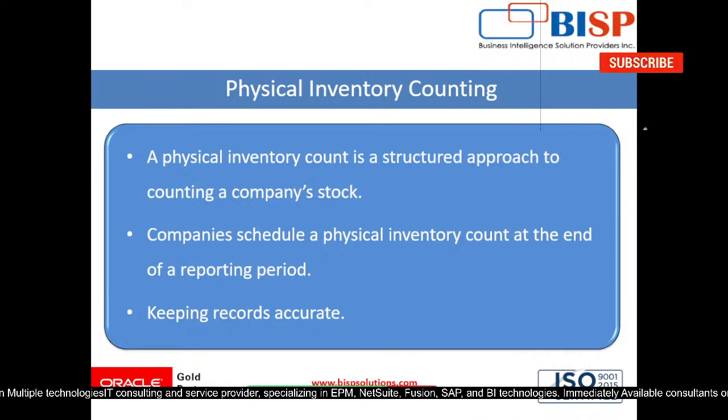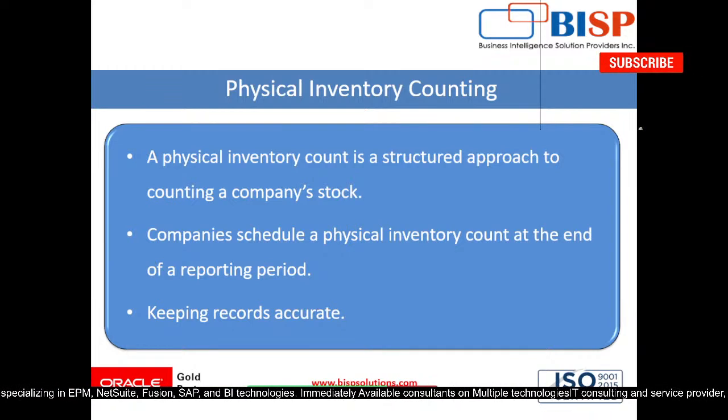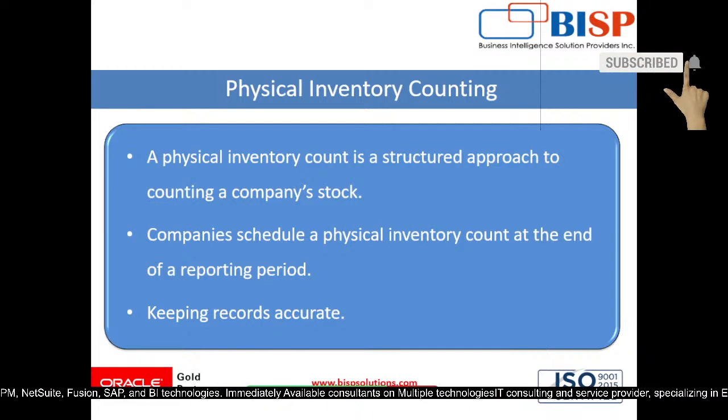Physical inventory counts are an essential part of inventory organization to keep records accurate, and these up-to-date inventory records provide a better forecast of sales and purchases and ensure we always have the right quantity of product on hand in our inventory organization, right?